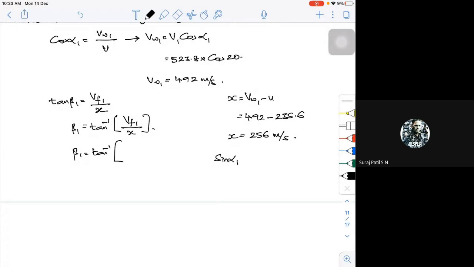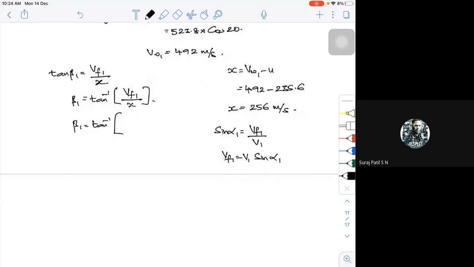Sin alpha 1 is equal to Vf1 divided by V1, or Vf1 is equal to V1 sin alpha 1, that is 523.8 into sin 20. So Vf1 is equal to 179 meters per second.